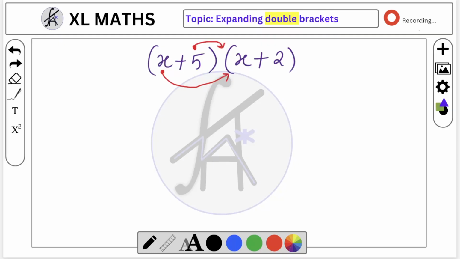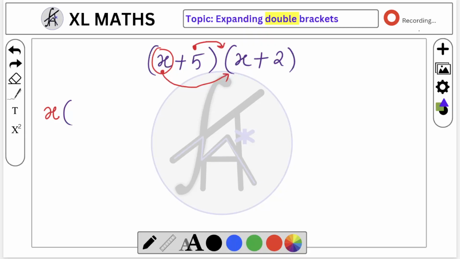So what we do, the first bracket has two terms. What are the terms? X and 5. So this x multiplies with the second bracket. We take the first term, as I created these I drew the arrows here. You're just going to be drawing the arrows like this.